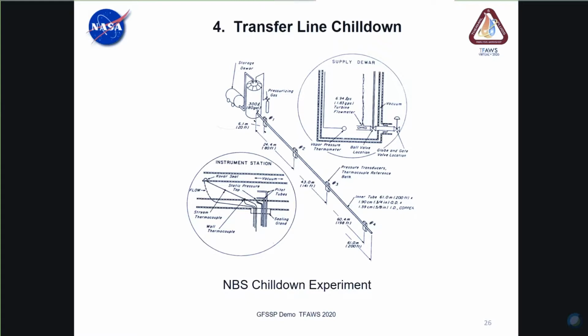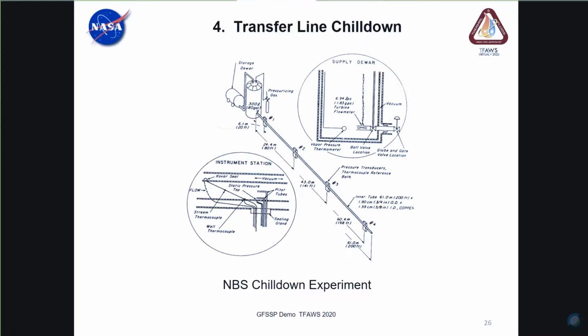So we have modeled the transfer line chill down experiment from the 1960s done by the National Bureau of Standards. They had a 200-foot long section of pipe that was vacuum jacketed, and they had a 300-liter dewar filled with either liquid hydrogen or liquid nitrogen.